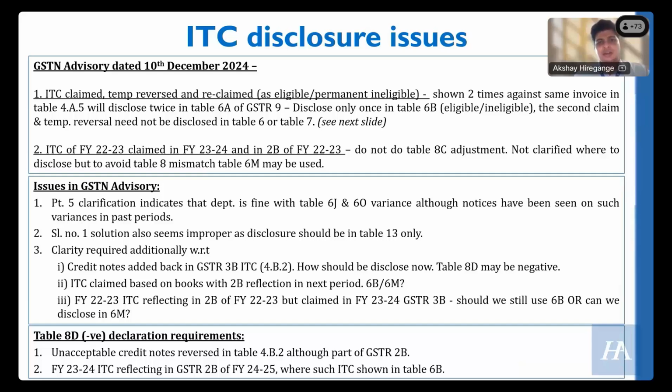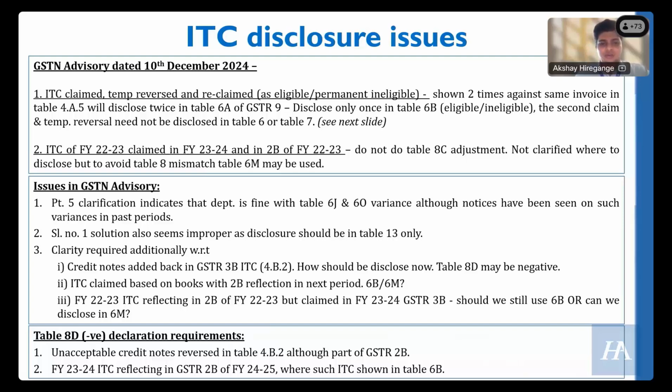To that extent, you will not have a negative 8D because net effect in 2B will be nil. So this is only in those cases where credit note has not been matched at all in the ITC disclosures and where it may have been actually required to reverse, but it has not been reversed.